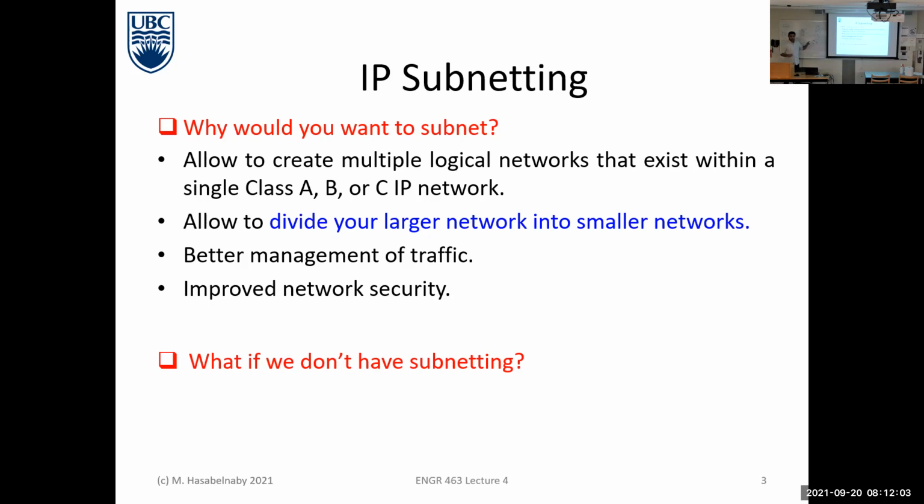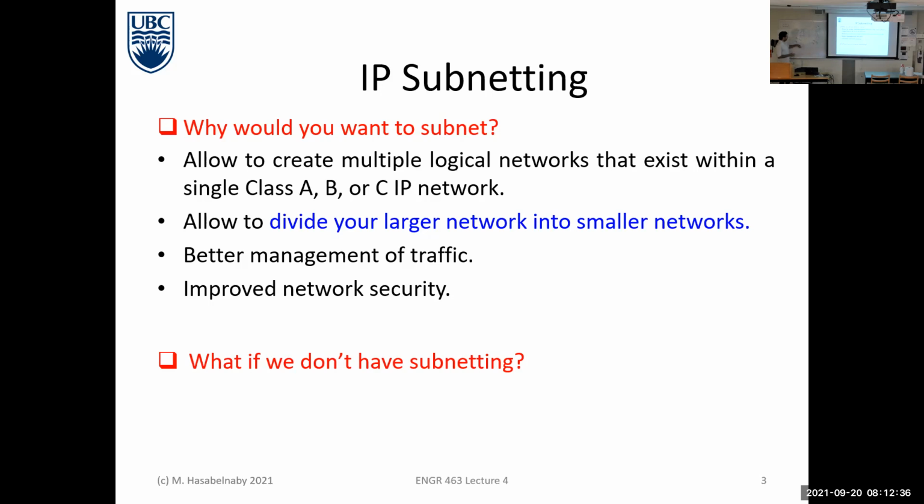We don't buy 2 class C IP addresses to serve these 2 networks. For sure we will not do this. What we will do is use IP subnetting. What is the meaning of IP subnetting? IP subnetting allows us to create multiple logical networks that exist within a single class A, B, or C IP network.